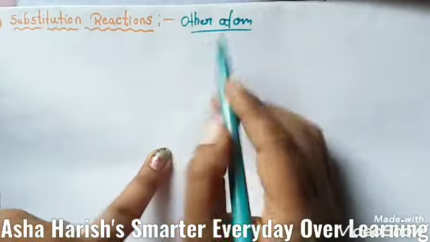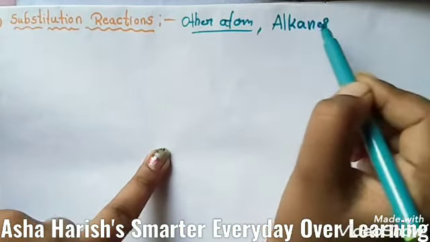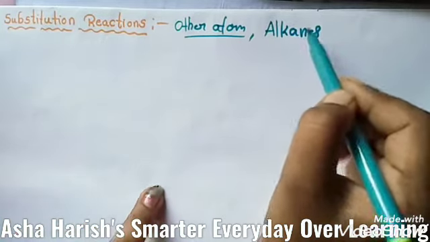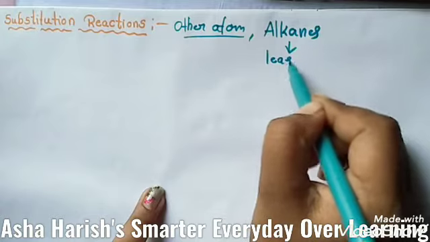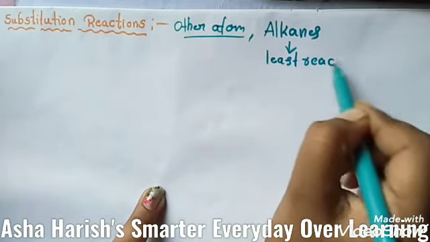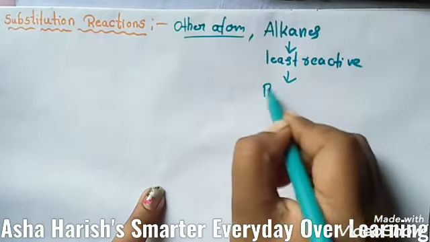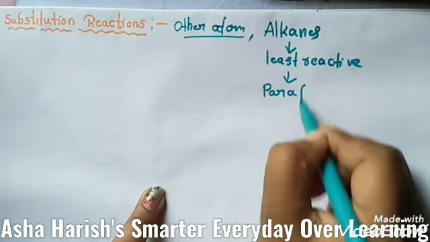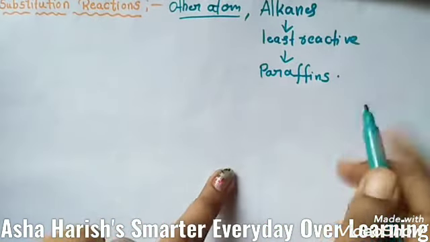For suppose alkanes, the saturated hydrocarbons, are chemically least reactive. Therefore, they are also called paraffins. Okay, why?